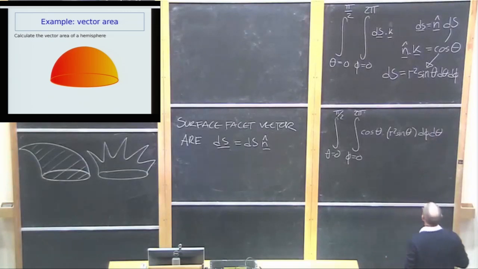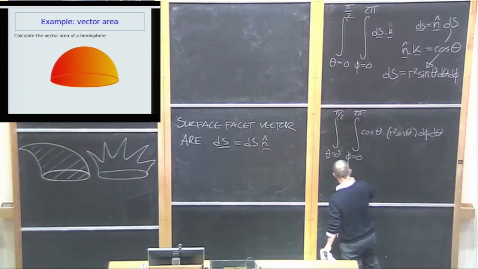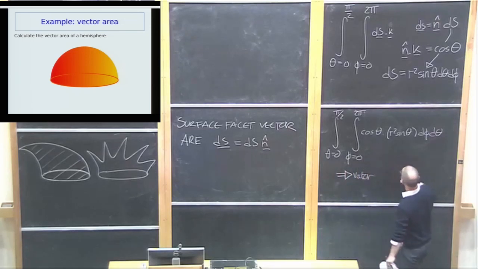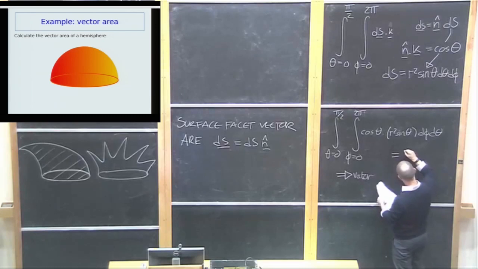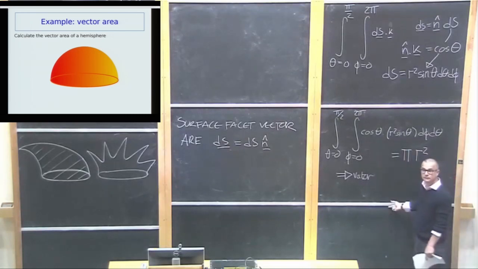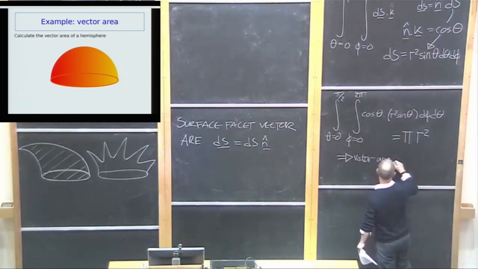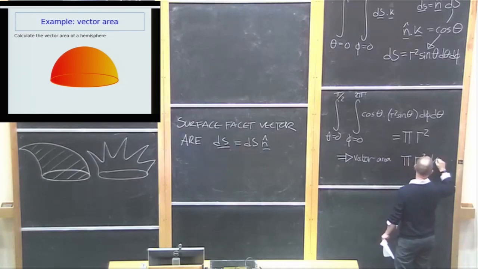That's our integrated vector area, which is only going to point in the k direction. So this then tells me that the total vector area is the result of this, which turns out to be pi r squared, and it's projected in the k direction. So my integrated vector area for my hemisphere is pi r squared k.